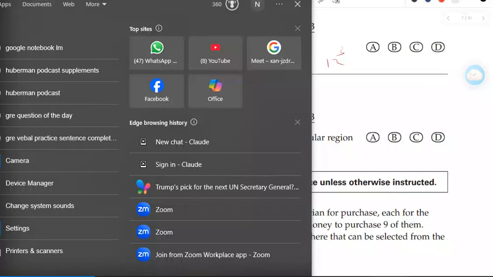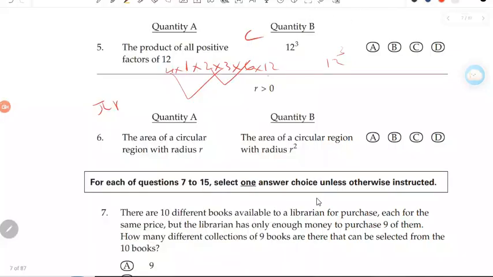You know that they can be equal. When do they become equal? They can be equal if r equals 1. What if r equals something else? If r equals something else, will they still be equal?